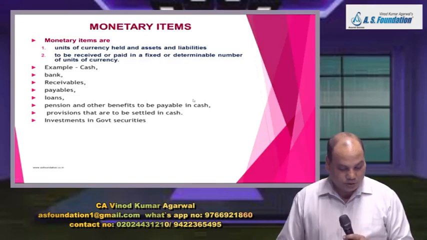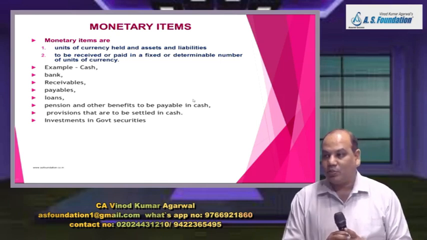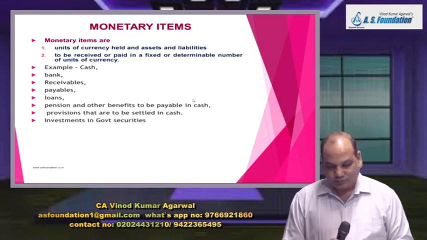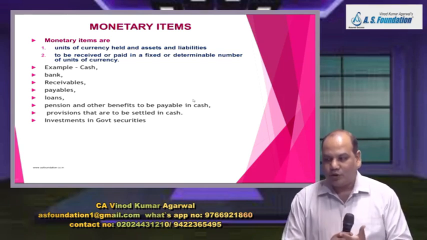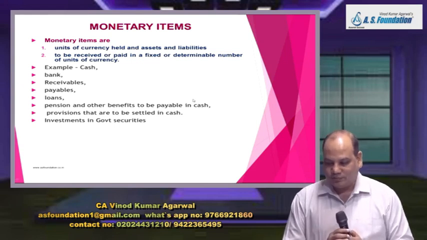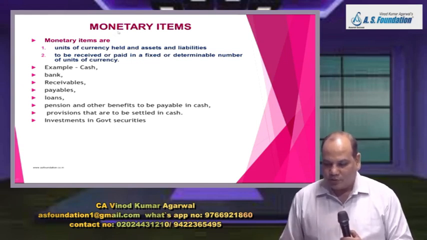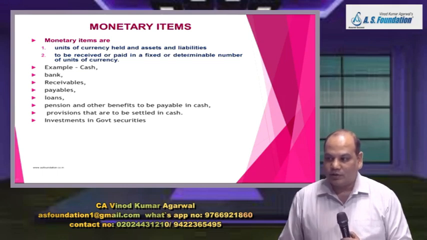Now we'll come to the next very critical definition called monetary item. What is a monetary item? Monetary items are units of currency held. Units of currency held means cash and bank. So all currencies and bank accounts are monetary items by definition only, and assets and liabilities.